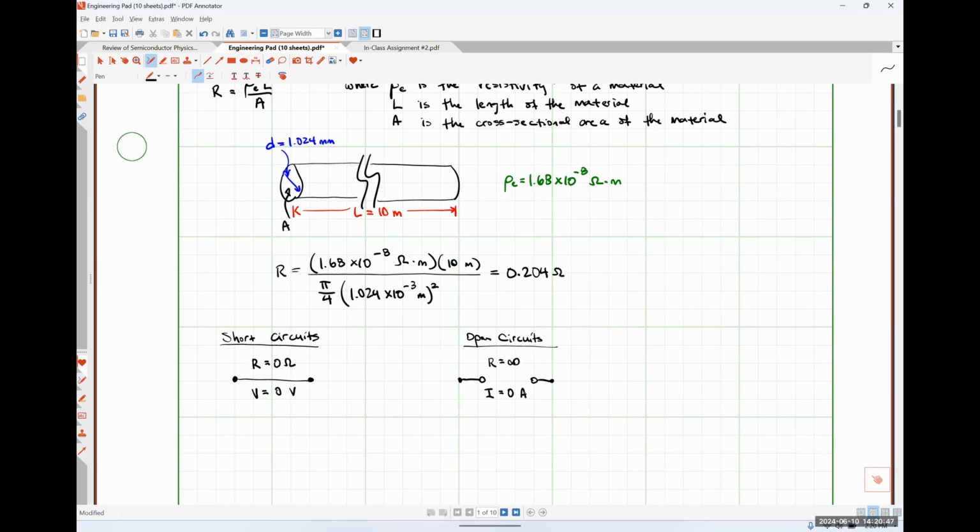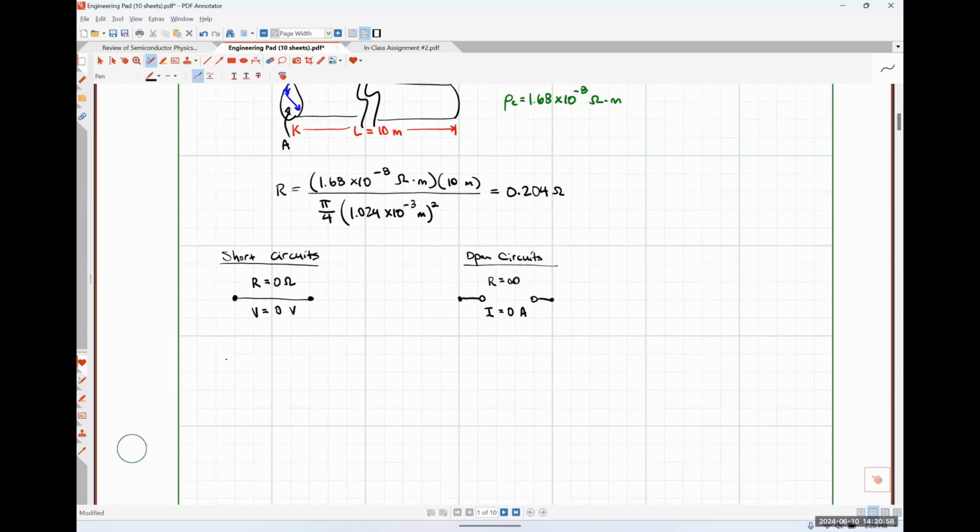So let's talk very briefly about what a resistor does. Okay, and this is really all a resistor can ever do. Okay, resistors exist effectively to convert electrical energy into heat.